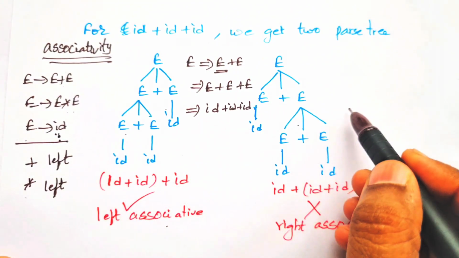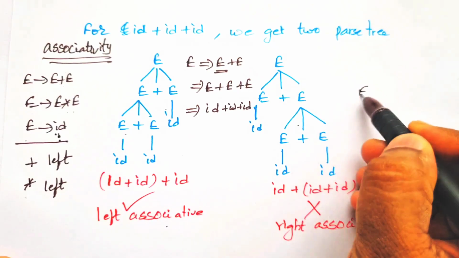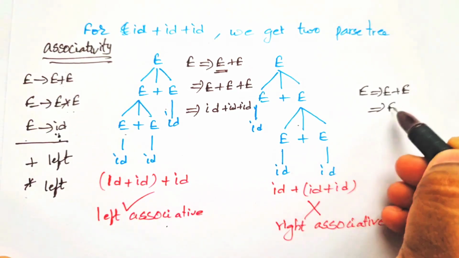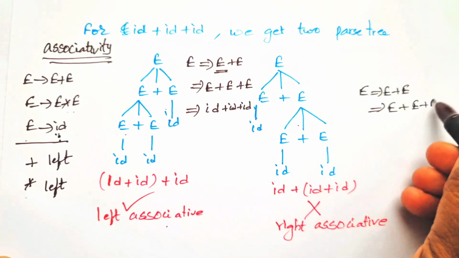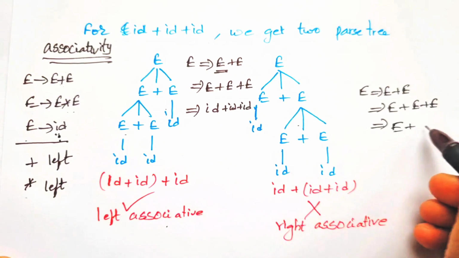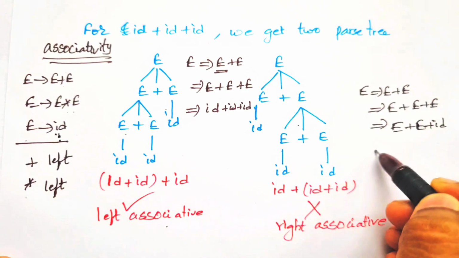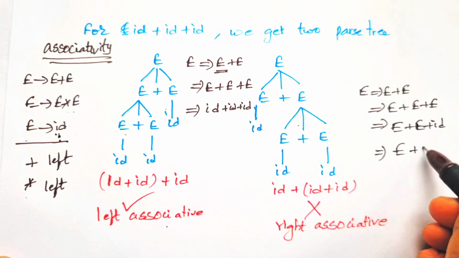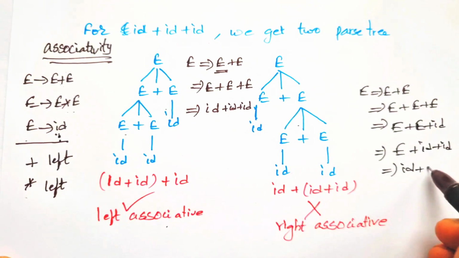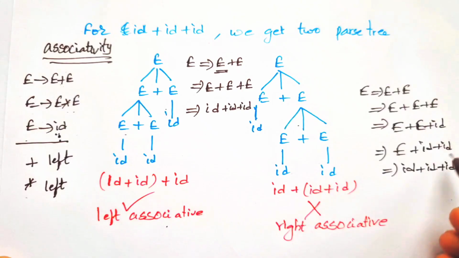Next this one, E goes to E plus E, next E plus id, and then E plus id, and then id plus id plus id.